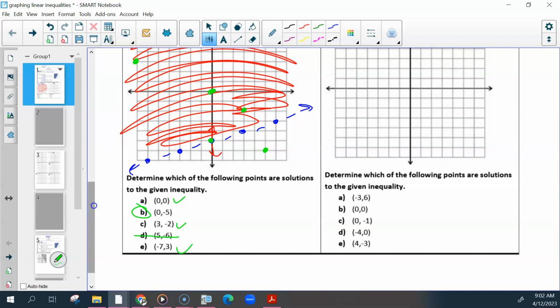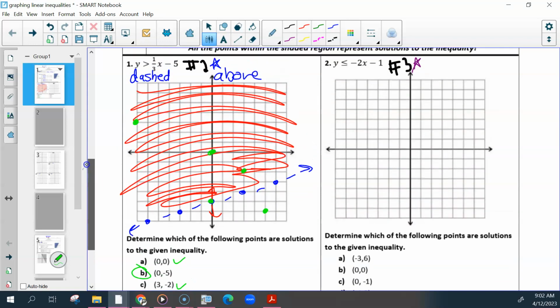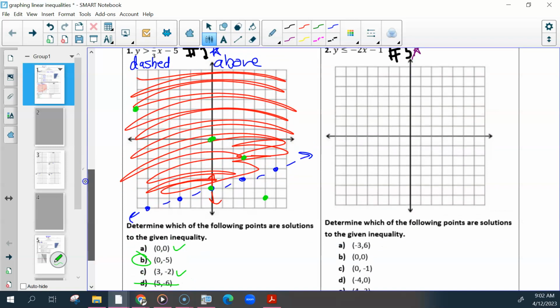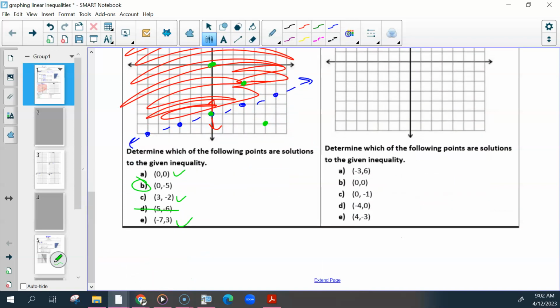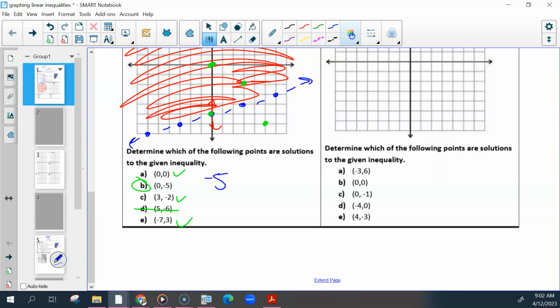if it has a dash line, it will not be a solution. But to check that, we could put these values into your equation and see does it work or not. So -5 is greater than 1/3 times 0 minus 5.